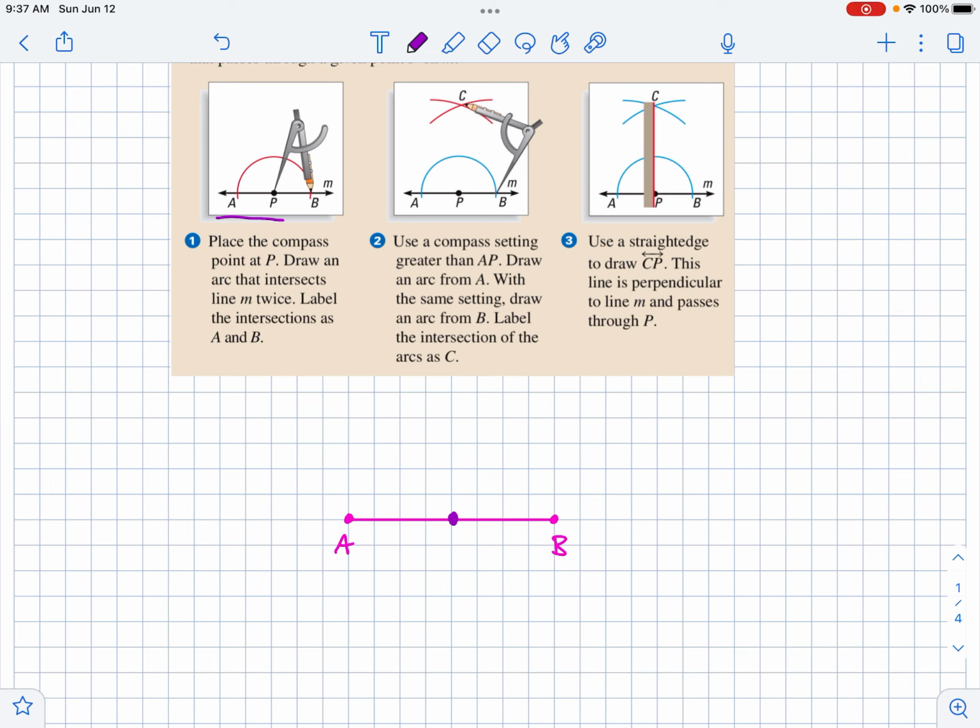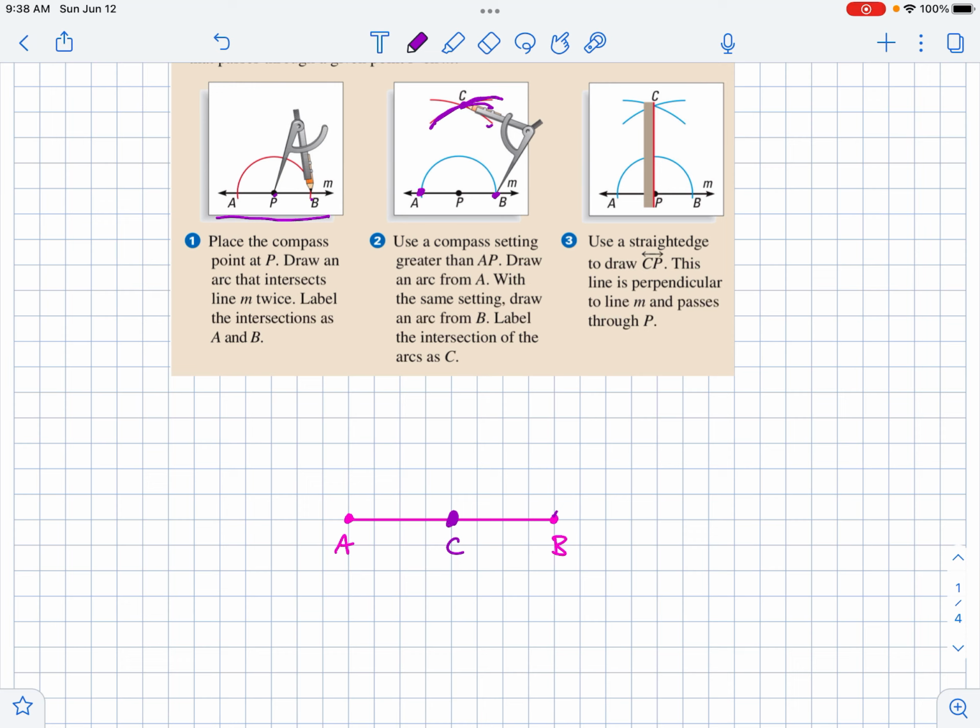Now notice these instructions up here. You take the compass and put it right here on this point, I'll call it C. You put it there, extend it out to B, and then make a half circle. Just a half circle, and it will pass through B and A. Then you put the needle point over here on B or A, it doesn't matter which, and you extend out the compass so that this end is over here at length A. So the compass is a little bigger, and from B, you go up here and make a little arc.